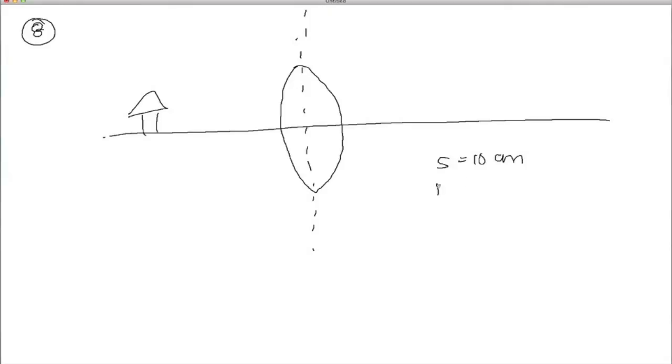You know M is 2. So if M is 2, then an object 10 centimeters away has a virtual image. It's a virtual image, so you know the image is going to be formed somewhere here.